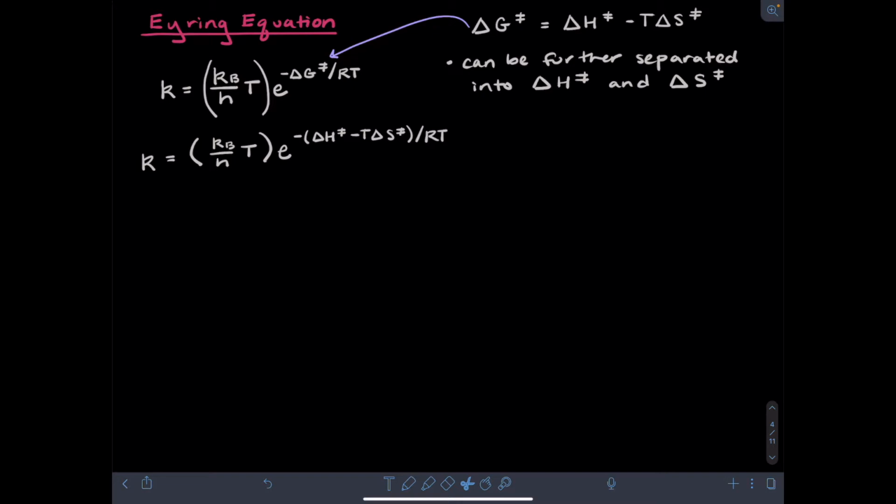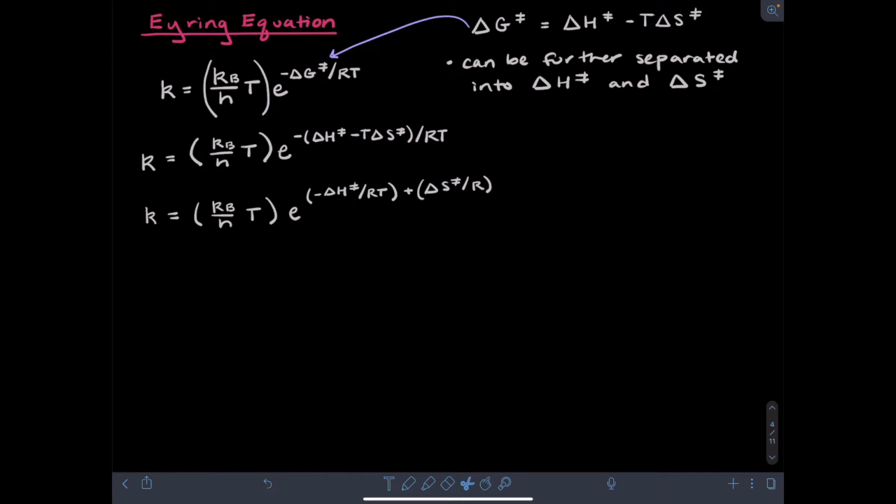This would give me the rate constant k as being equal to, my pre-exponential term is the same, but now it's e to the negative of delta h minus t delta s divided by RT, with both delta h and delta s being double dagger terms. I'm going to tidy up my exponential a bit by separating out my two terms.